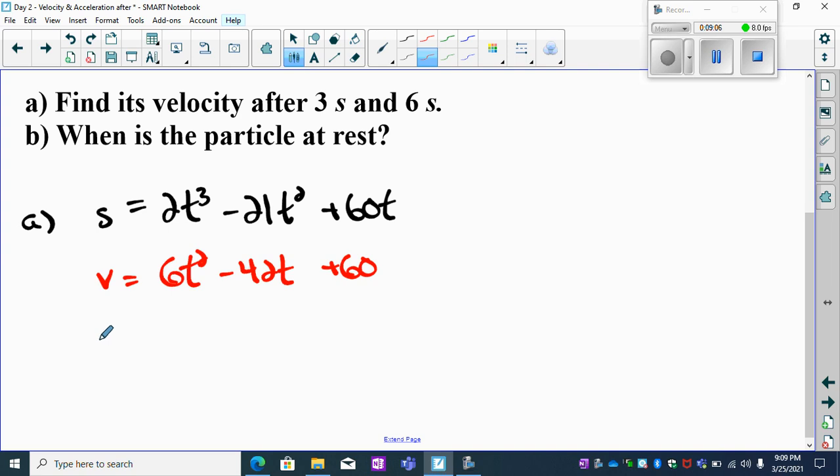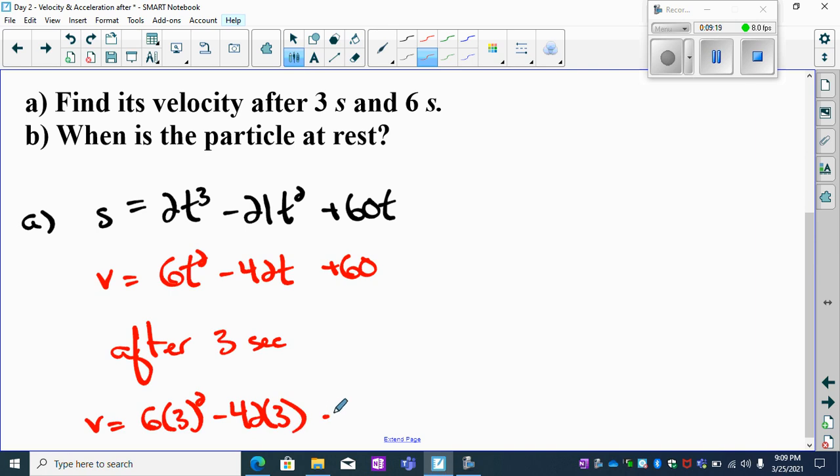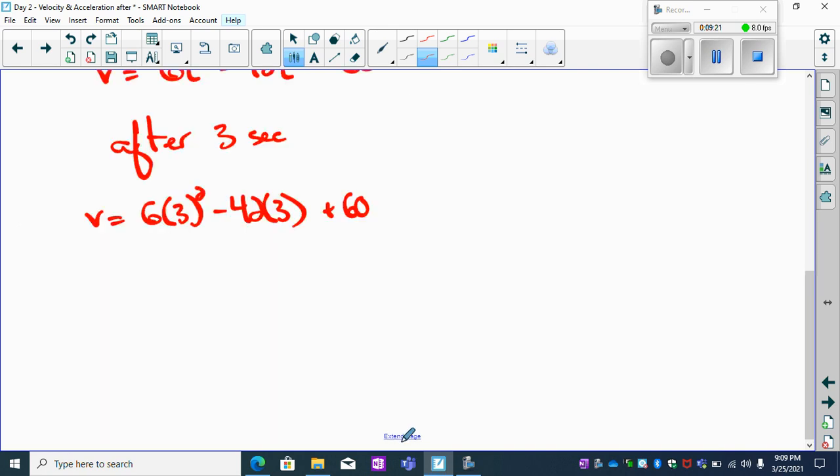Okay, so to find the velocity after 3 seconds, I am going to go 6 times 3 squared minus 42 times 3 plus 60. This gives me 9 times 6, that's 54. That's 120 and 6 minus 126 plus 60.